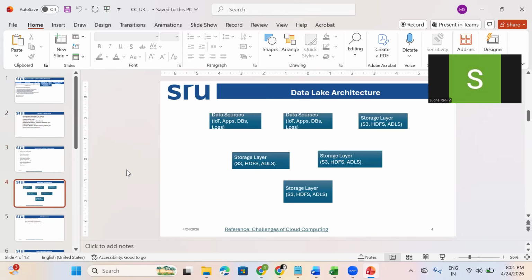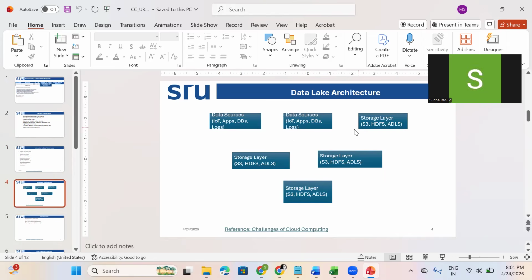This is the data lake architecture, and we can see the data sources: IoT, apps, DBs, and logs. From any type of data source, it is going to get the data. And next, again, we have different IoT, apps, DBs, and logs.